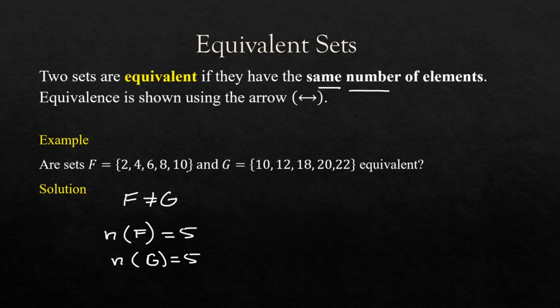As they have the same cardinal number, we can say that they're equivalent. So we could write F double-headed arrow G. They're equivalent sets, but they are not equal sets.